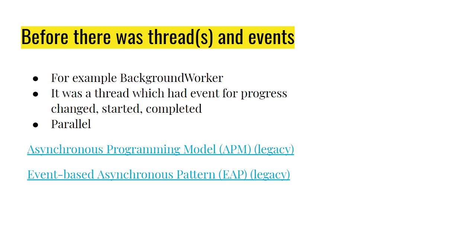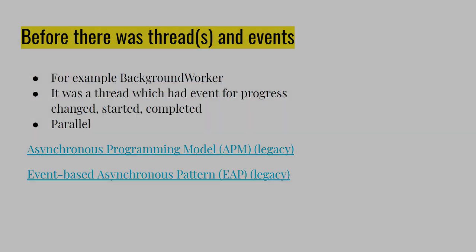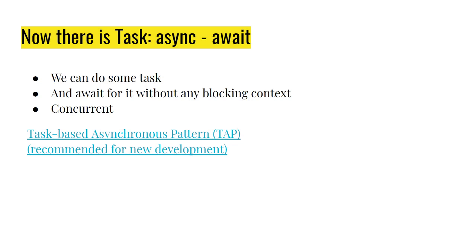There was background worker, the most common way of doing something heavy, I/O or CPU bound, and events to let you know when something happened, ended, and so forth. But that's very old, and that's not the way it's done now. That's legacy stuff.